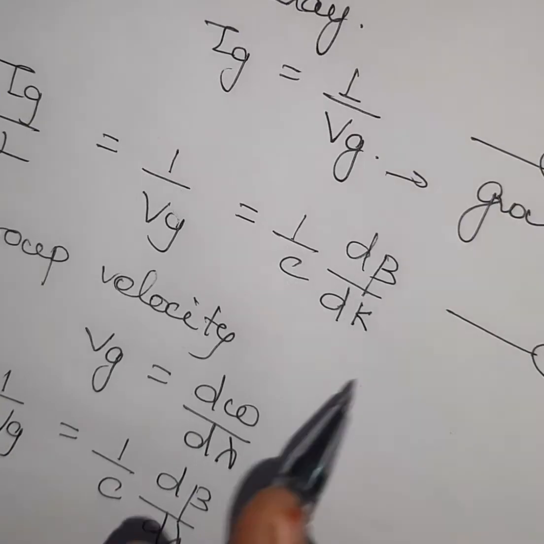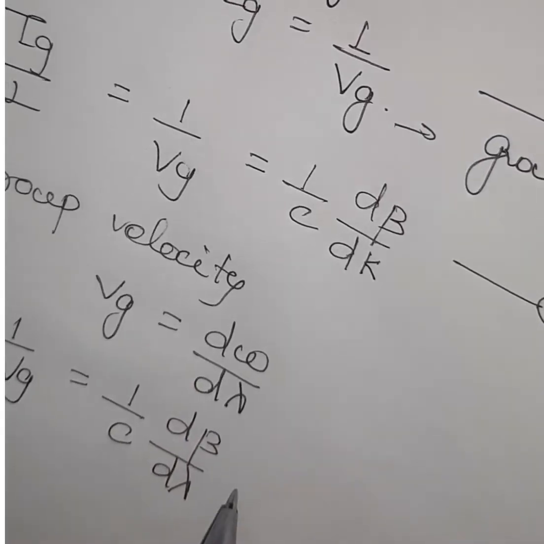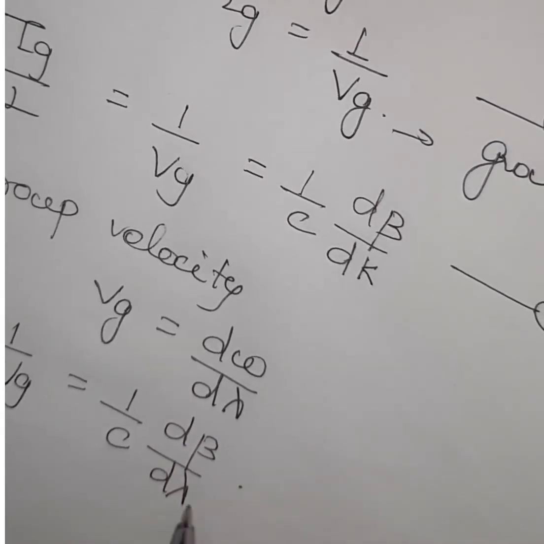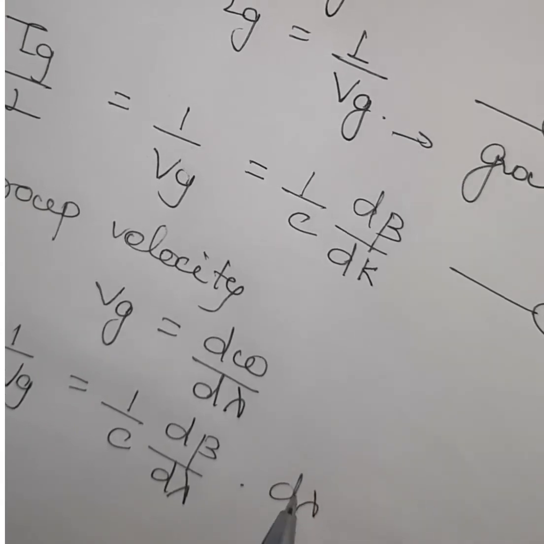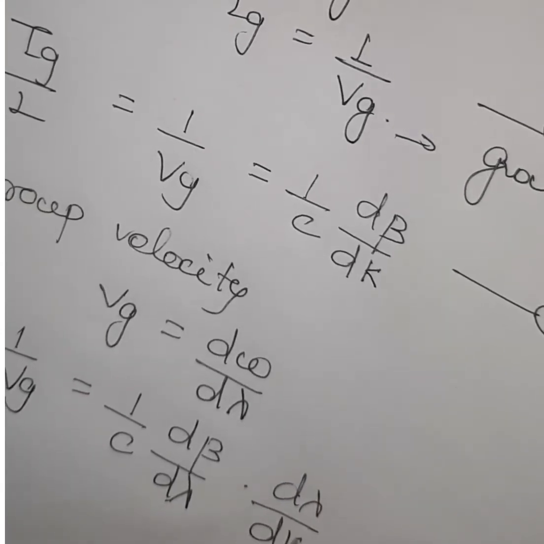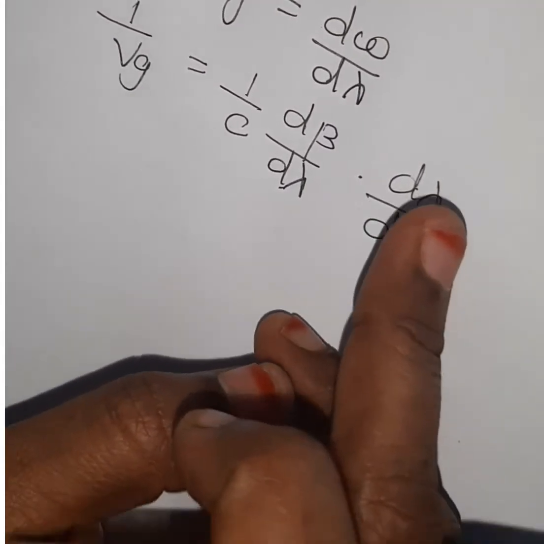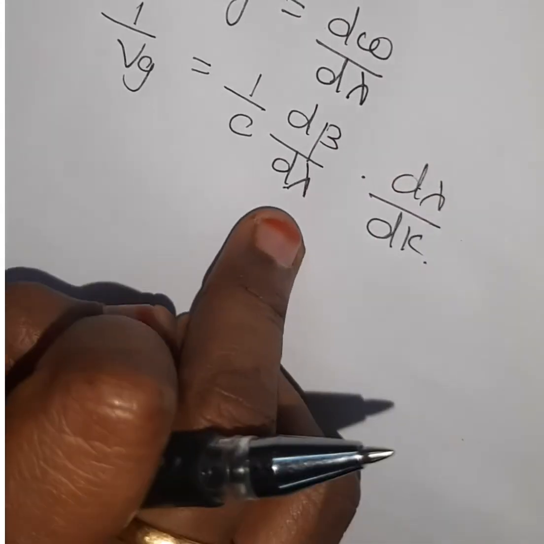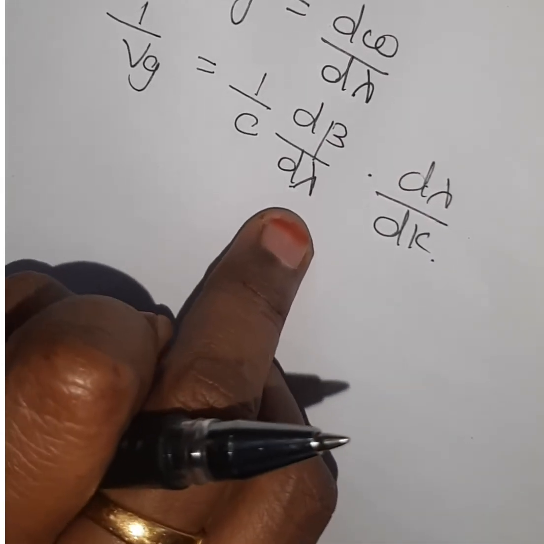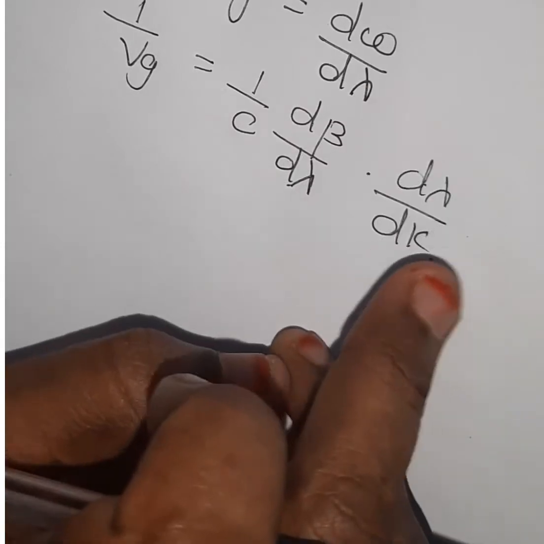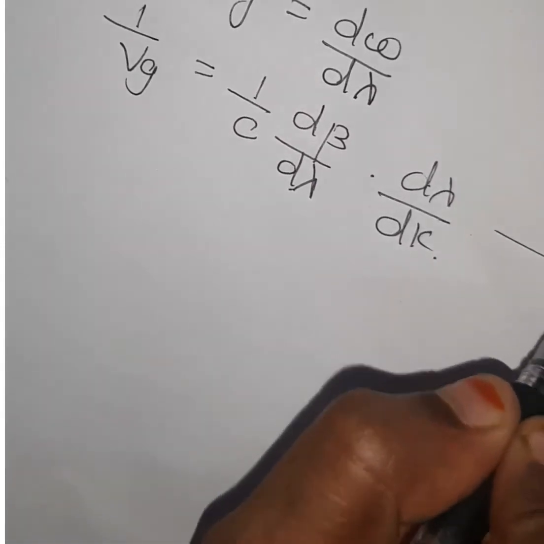Now, we are multiplying one d lambda value to the numerator and also to the denominator to compensate. So now the equation becomes in this form. Take this as equation number 3.